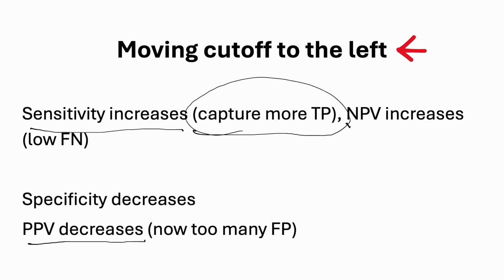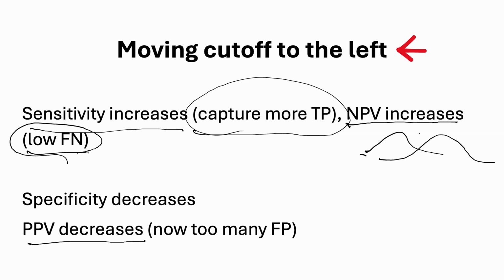When we move the cutoff to the left, the negative predictive value also increases because you'll have a low number of false negatives. Basically, when we move the line to the left, now the only false negatives are right here. So your false negatives go way down, and your negative predictive value increases.